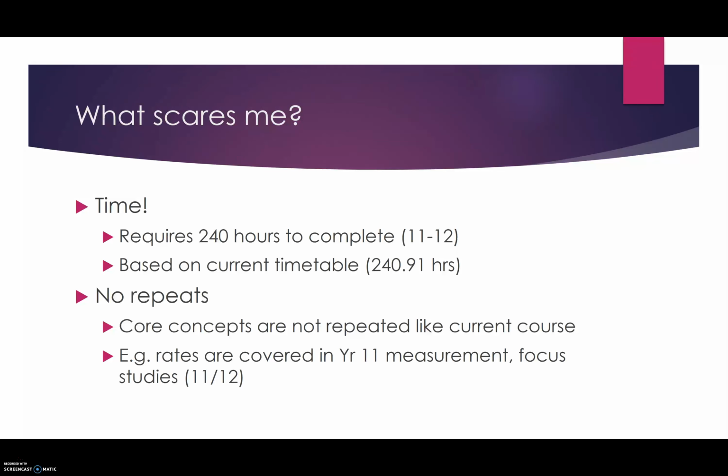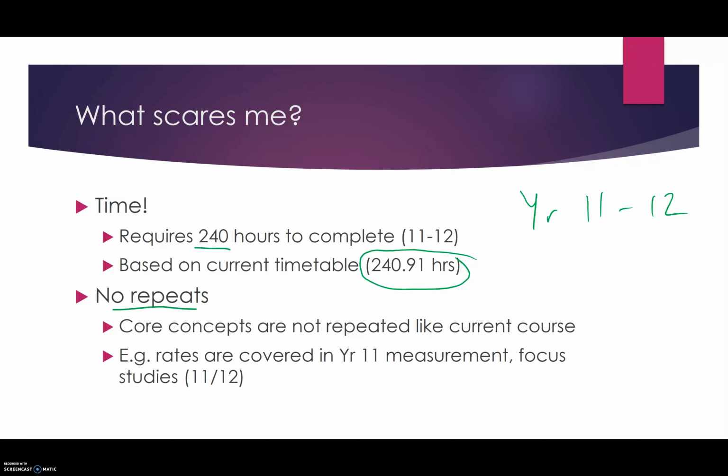What scares me? So at the moment, we have 240.91 hours between Year 11 and Year 12. Now, obviously, as things come up, we lose hours, so we definitely go underneath the 240 hours. And the reason that worries me is because we don't repeat stuff.